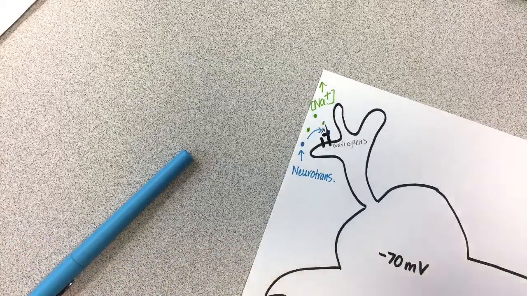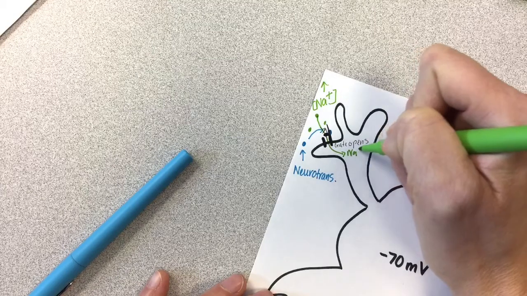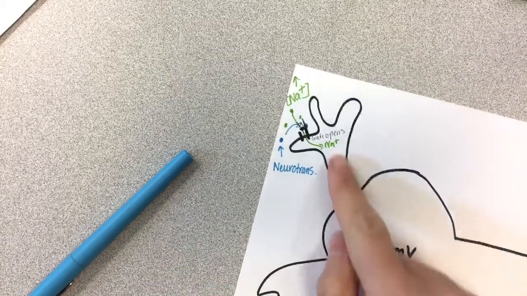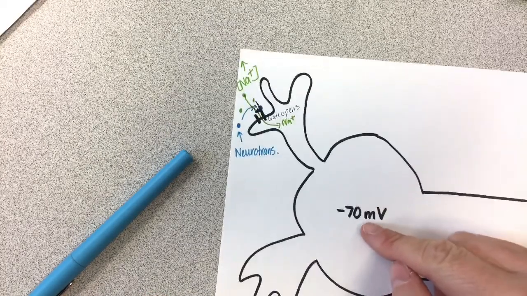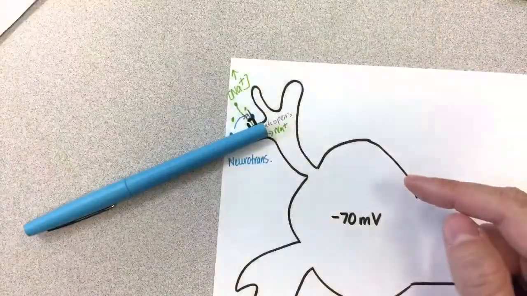And that allows sodium to come in. So sodium starts to come in, and that's why it's becoming depolarized, becoming more positive. So it's not negative 70 millivolts anymore. It's going to go all the way up to, as it says here, positive 30 millivolts.